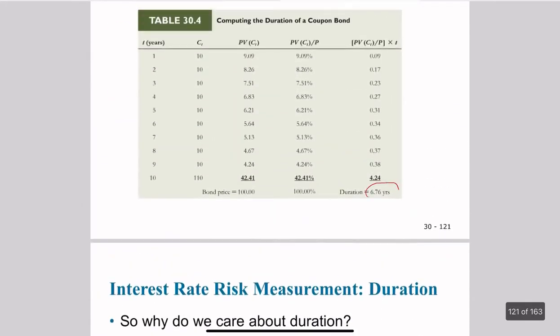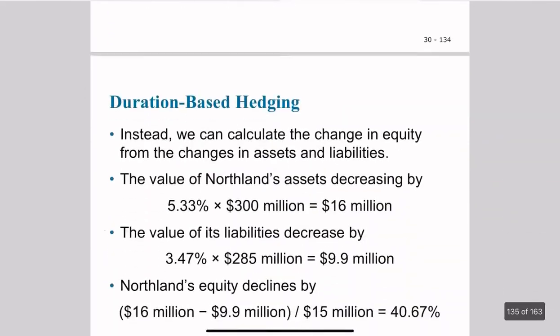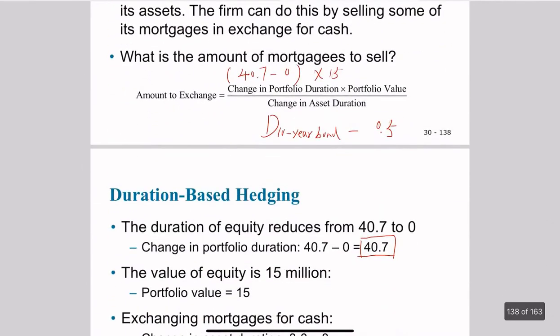So let me go backward and look for this number. We solved the duration for this 10-year bond in table 30.4. So its duration is 6.76 years. And now we have all these numbers, and we can solve the amount to exchange, which is the notional principal of the interest rate swap.